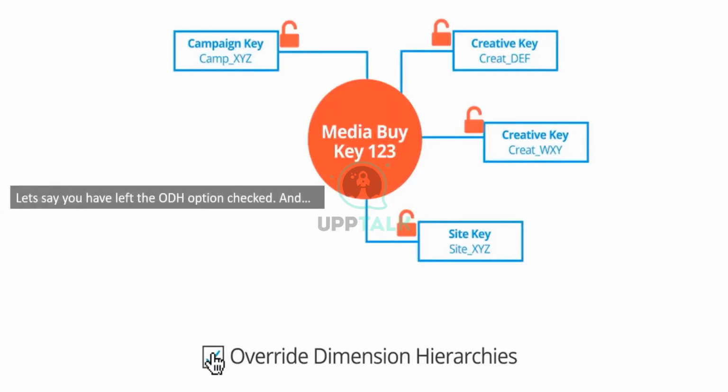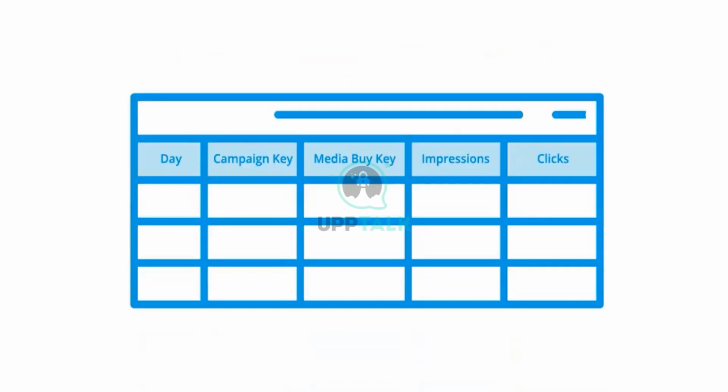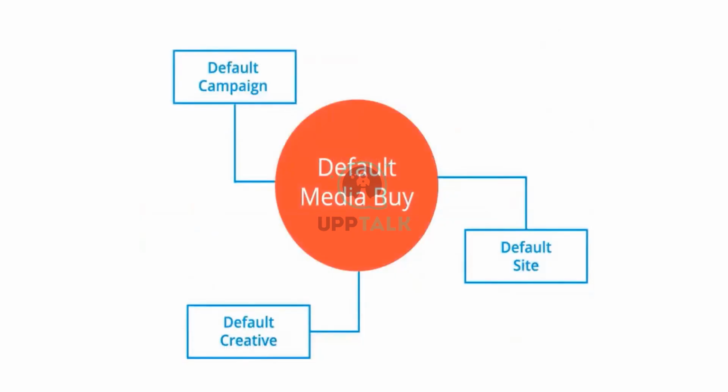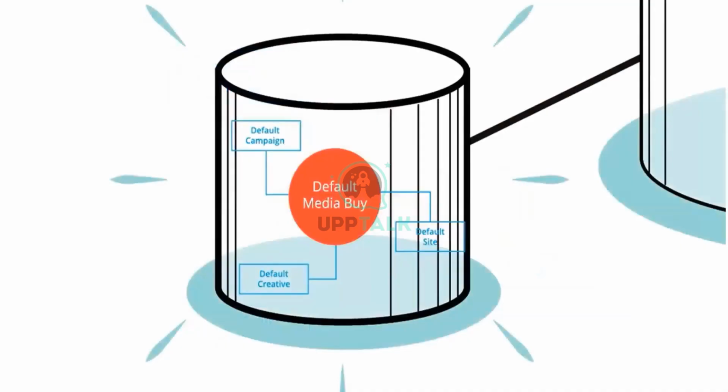Let's say you have left the ODH option checked, and one day Salman gets a blank report and uploads it. What happens now? Everything becomes default campaign, default media by, default site and default creative, and you have nothing left and it cannot be undone.